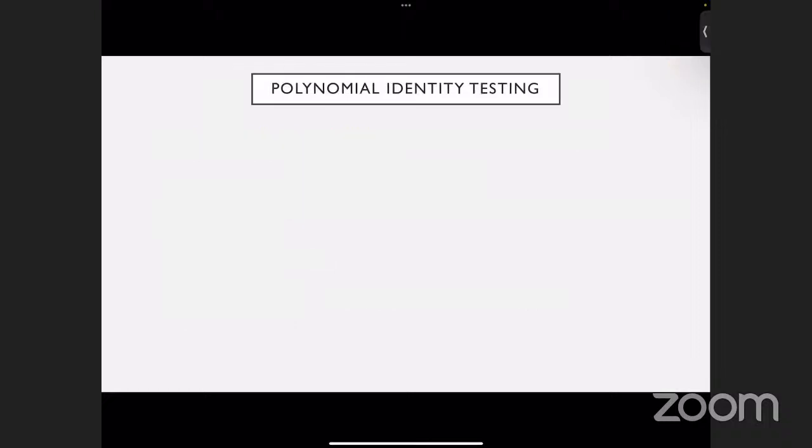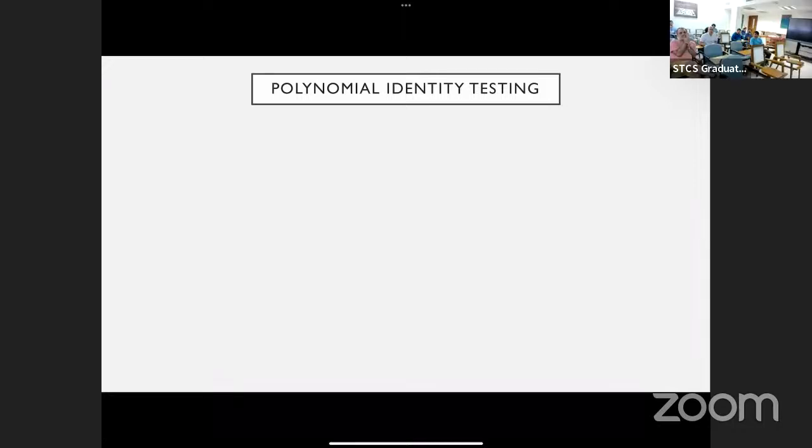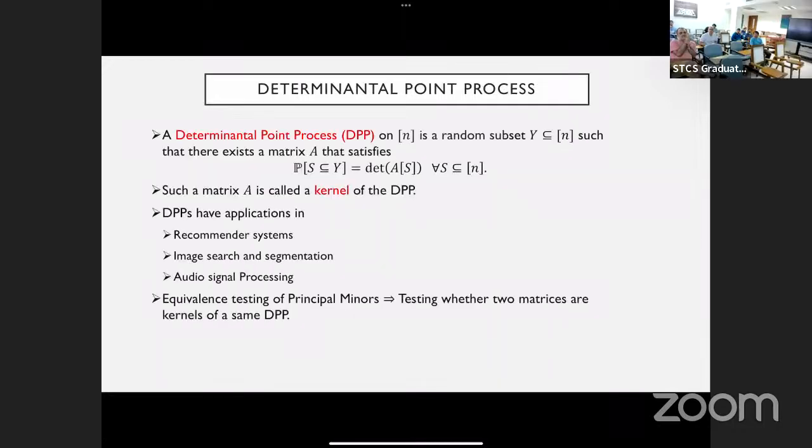Another application is related to polynomial identity testing. Just another point about this: point processes are things where you get some points, and for every subset you ask about its probability; the simplest one is a Poisson point process.